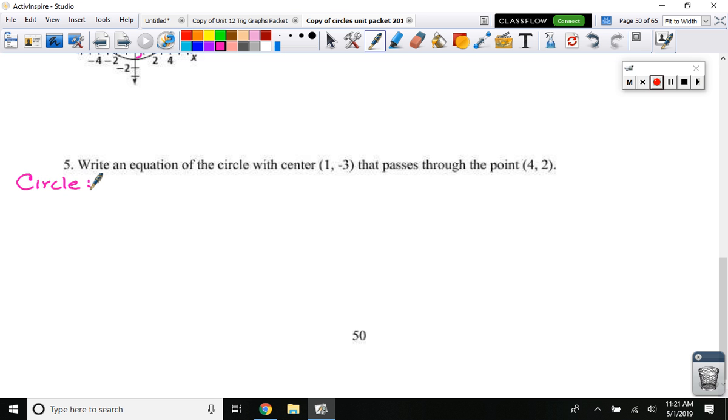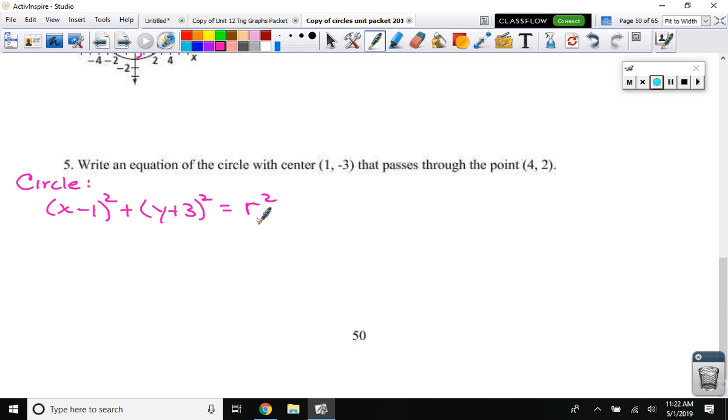Based off the info you have, what would I start with? Square, correct? Everybody with her on that?